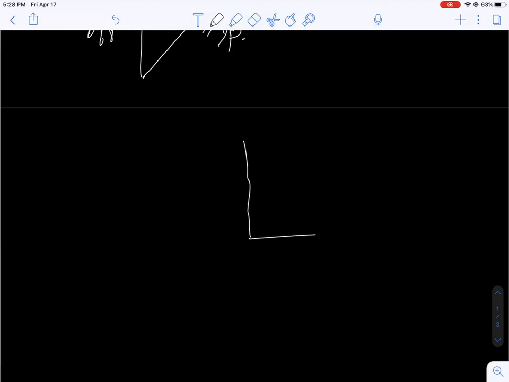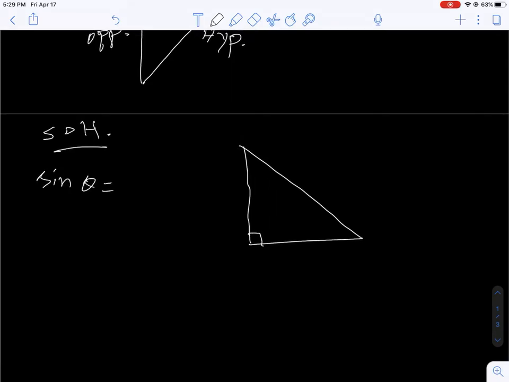If a right triangle is given, and remember we'll be working on the sine ratio in this lesson. This is a right triangle, and sine theta equals opposite over hypotenuse.